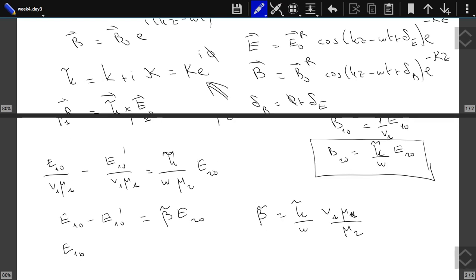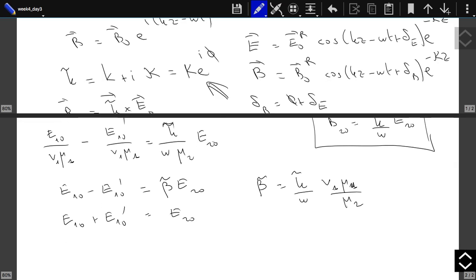And what else do we have? We have E10 plus E10 prime. This should be equal to E20. And we can just solve these equations. Let me write it in this form. Beta E20 plus E10 prime.